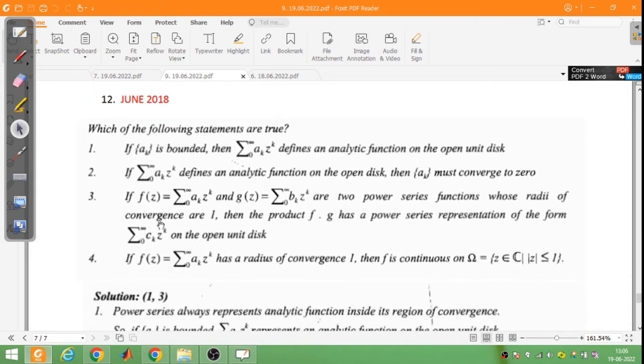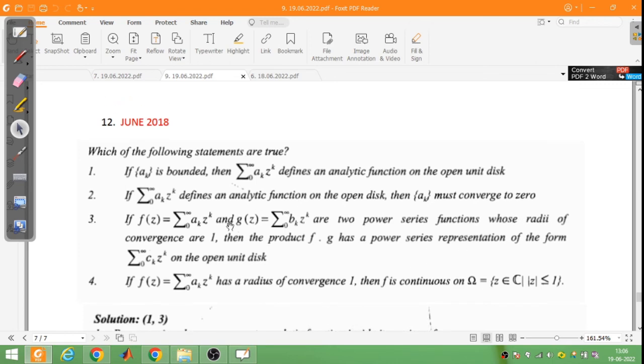Next, f of z equals the summation from n equal to 0 to infinity of a_k z^k, and g is another power series. Two power series whose radii of convergence are both 1. Then the product of f and g has another power series representation on the open unit disk. Is the form correct or not?